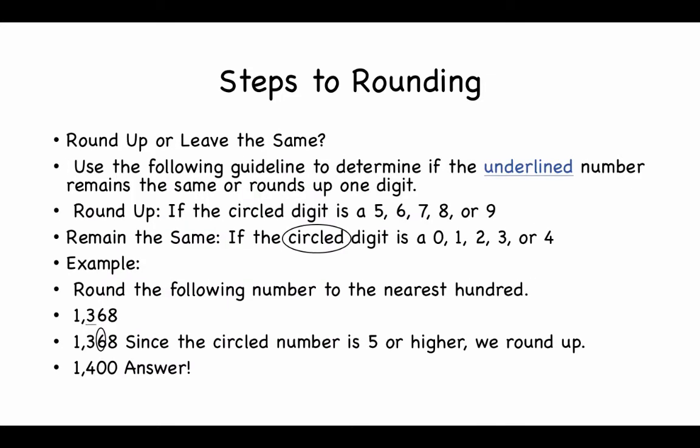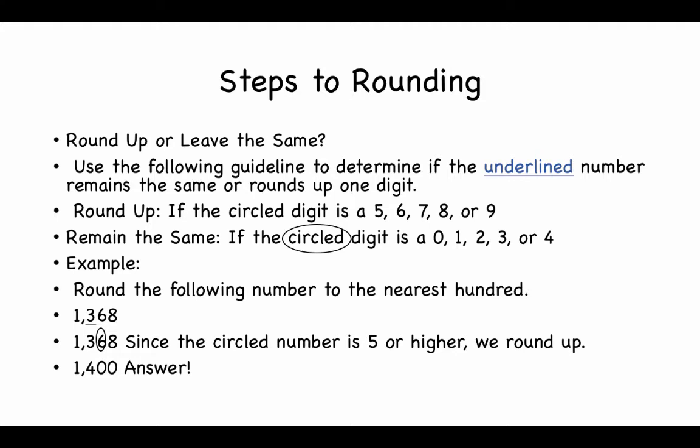So some of the steps to rounding lead us to basically this question: are we going to round up or are we going to leave something the same? So we're always going to be asking, do we go up? Do we leave the same? So use this guideline to determine if the underlined number remains the same or if we round up 1 digit.